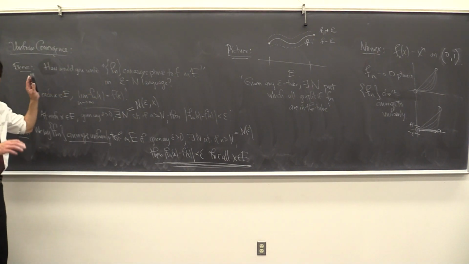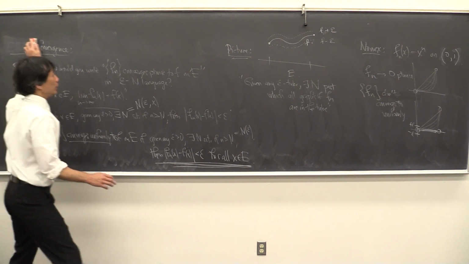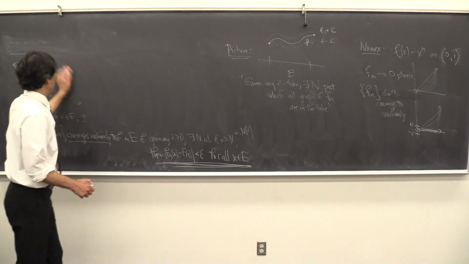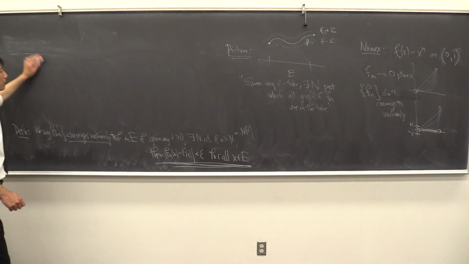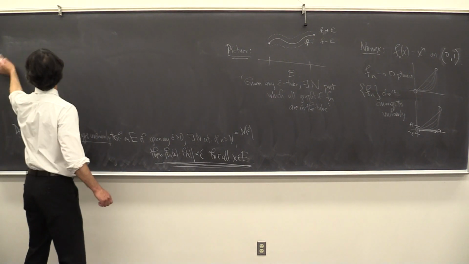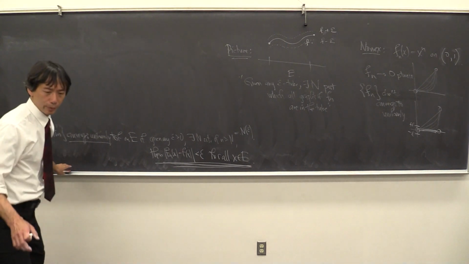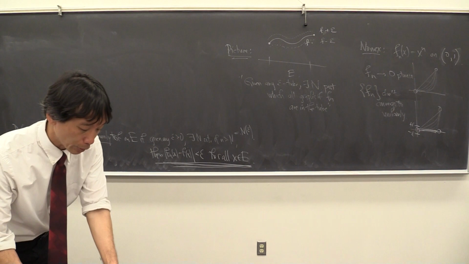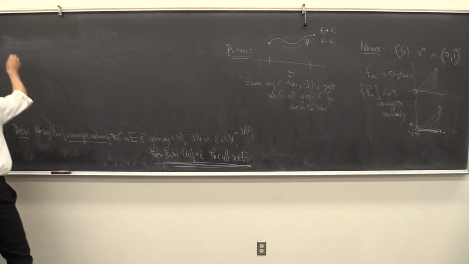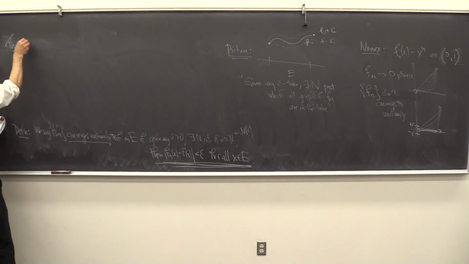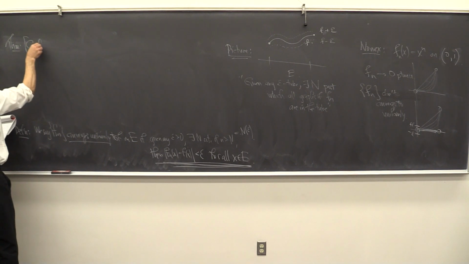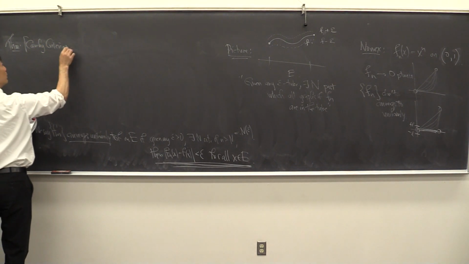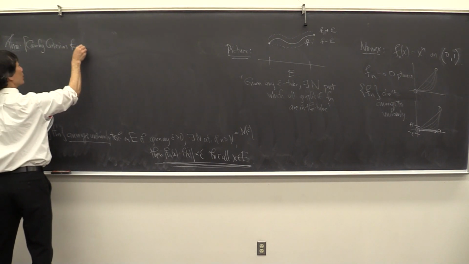Okay. So uniform convergence, the idea of a tube. There's another really useful way of thinking about uniform convergence. Actually, before we do that, let me give the Cauchy criterion for uniform convergence.